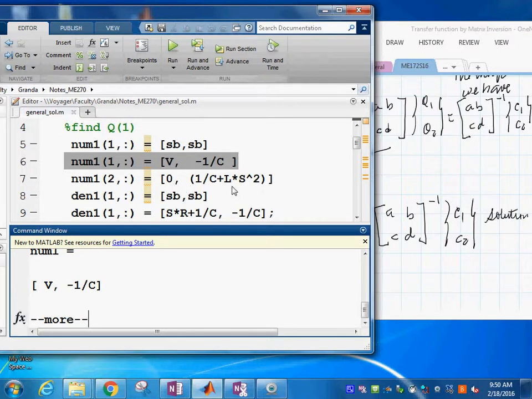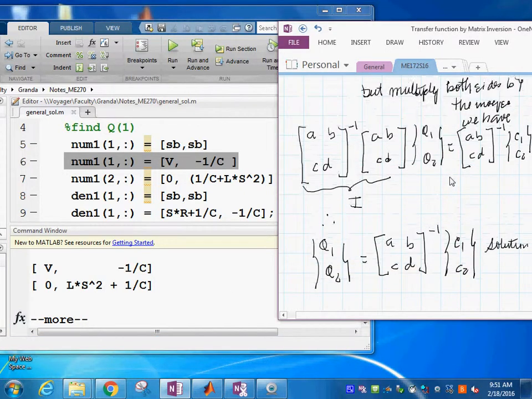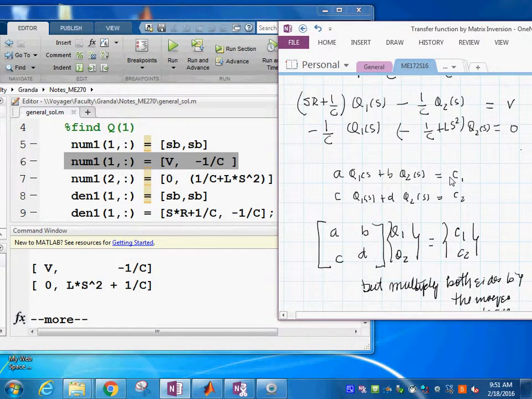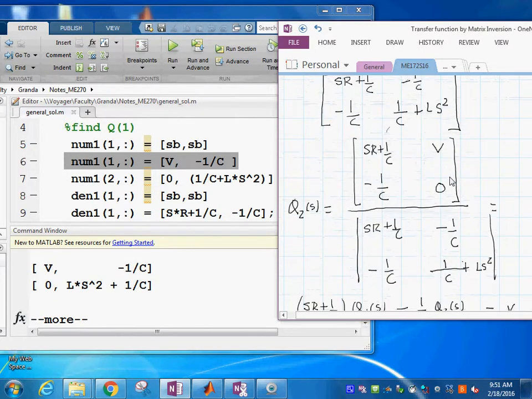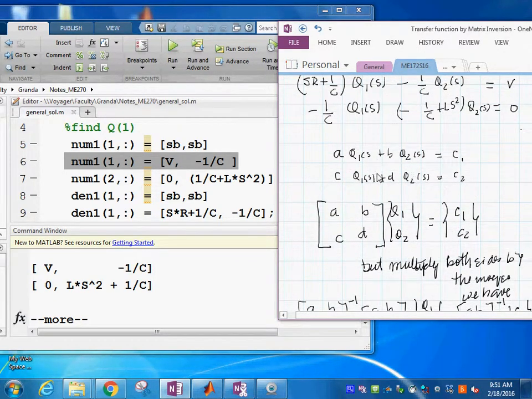The denominator, same thing. We do those definitions, and now where are we here? The denominator one is this one, and then we have this.